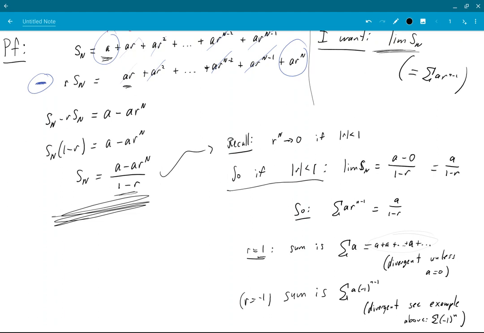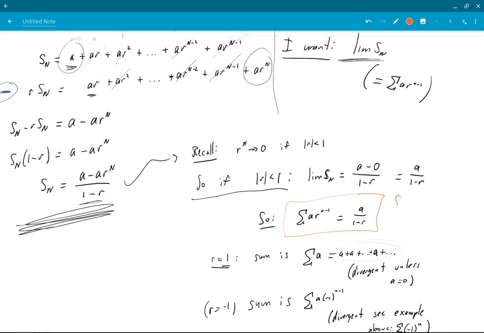You have this alternating series, and we can show that the sequence of partial sums does not converge. So here's my formula, the sum of a geometric series. You should memorize this formula. We'll be using it plenty often.